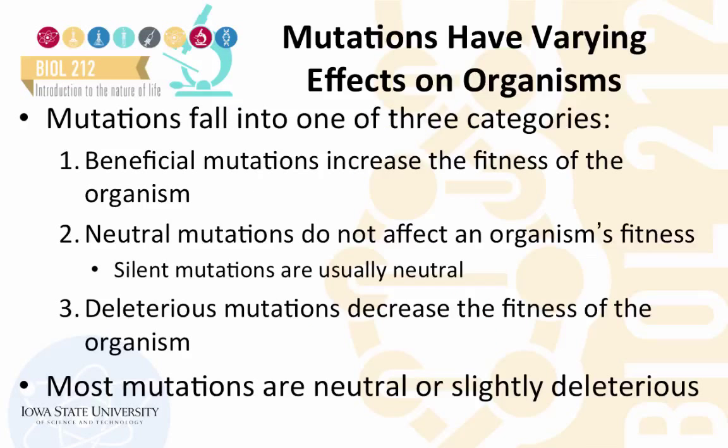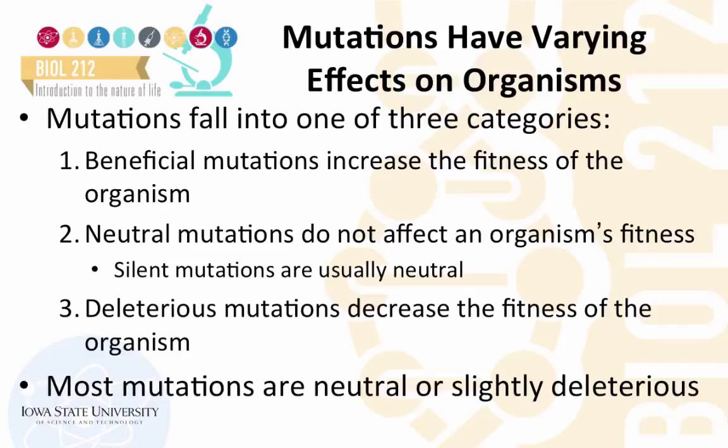So to summarize the effect that mutations have on organisms, they can be either beneficial and increase the fitness of the organism. In this case, this mutation will persist in a population and lead to increased survival of individuals that contain these beneficial mutations. If the mutations are neutral, they don't have an effect on an organism's fitness.